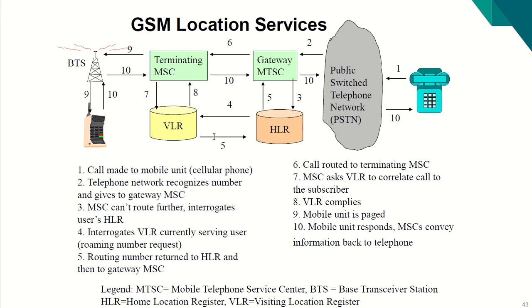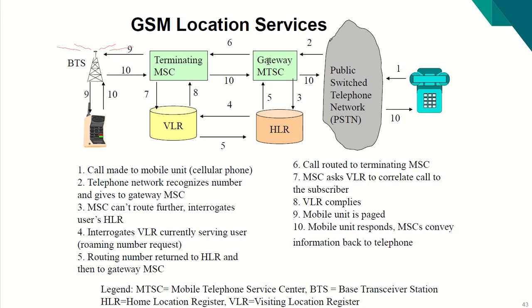Then it gets the information back to this home register, and this home register will tell the gateway that yes, the cell phone is under our control, but it's a visitor.